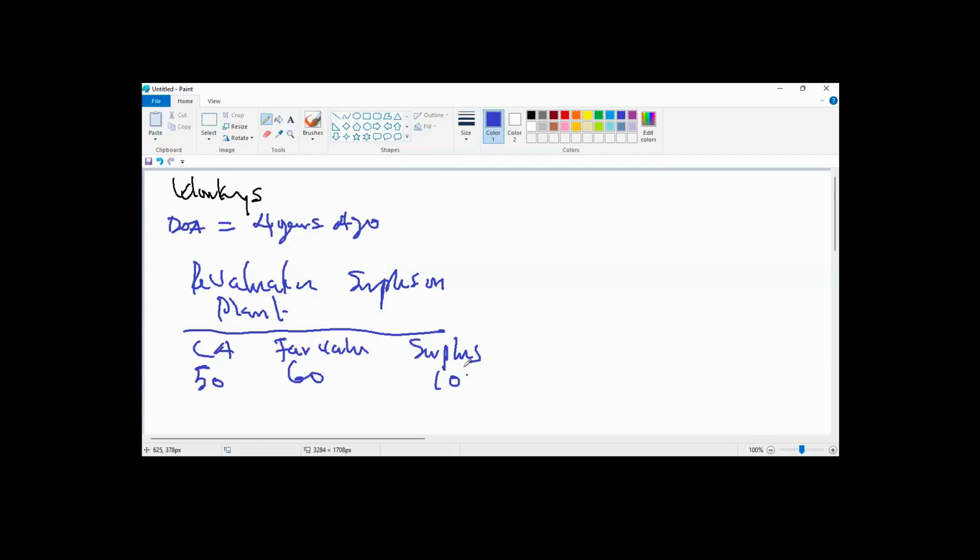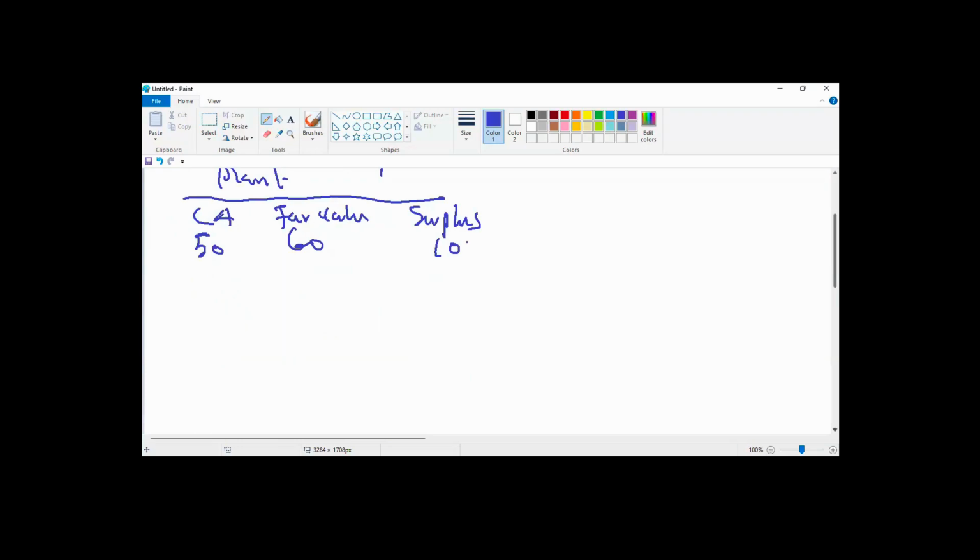Carrying amount is less than the fair value. What do I do to the surplus? AP, debit. Reserves.